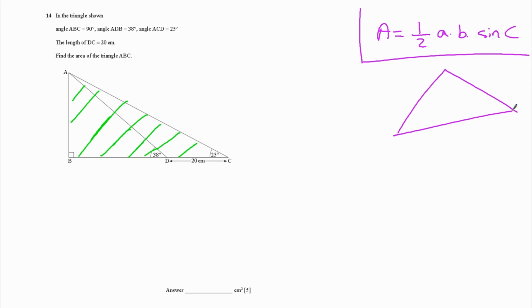If this is A and this is B and this is angle C, the surface area of this triangle would be half of 2 sides times sine of the angle that is between those 2 sides. So that's important for us to know what A, B, and C basically mean.